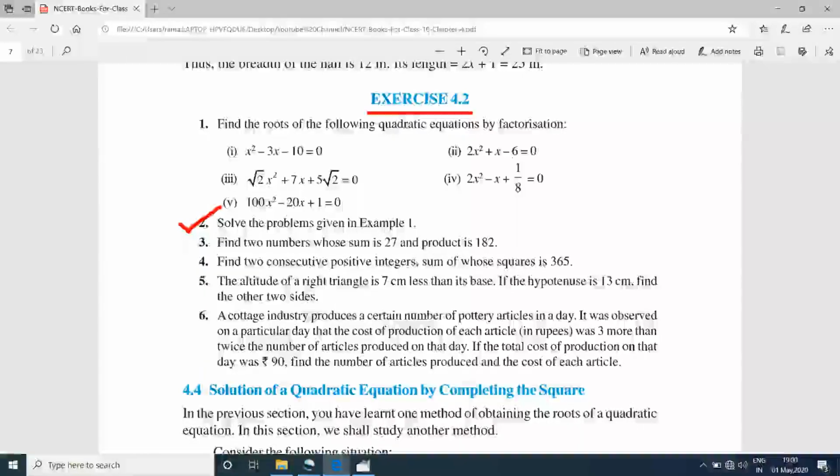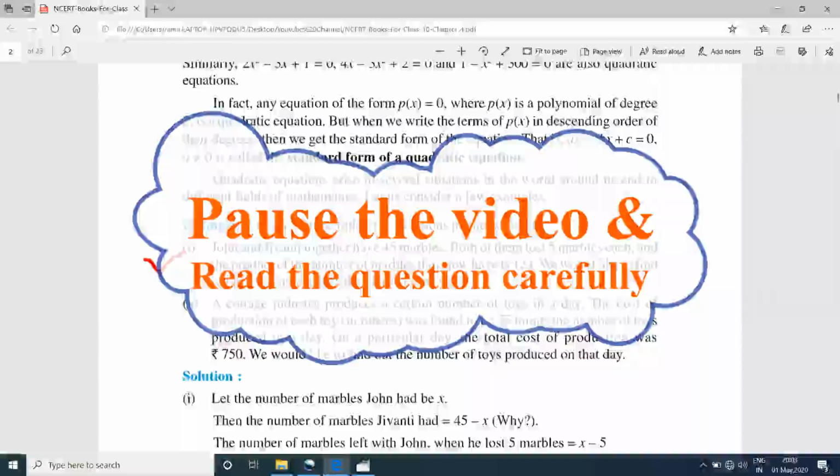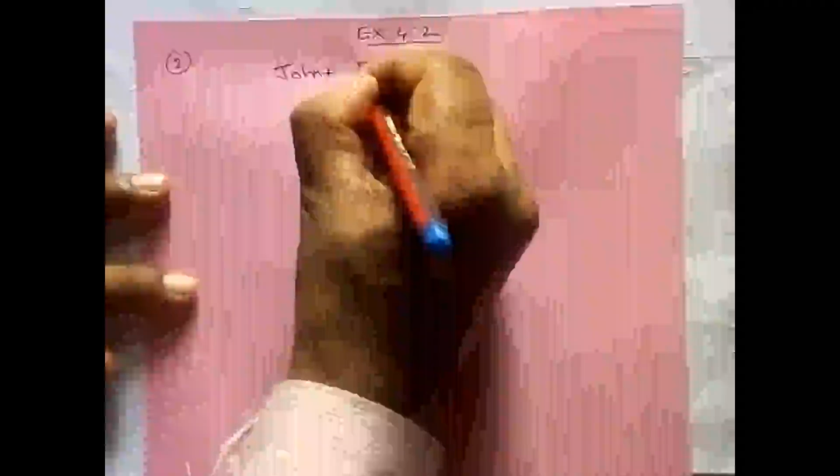Solve the problems given in example 1. So in example 1 we will read the first question. John and Jeevan together have 45 marbles.